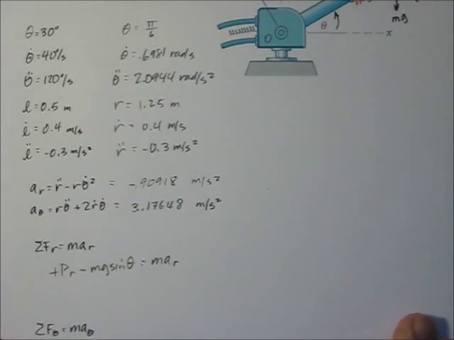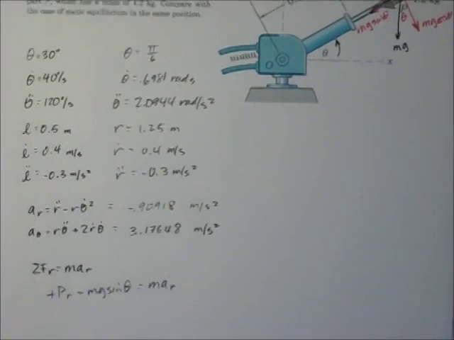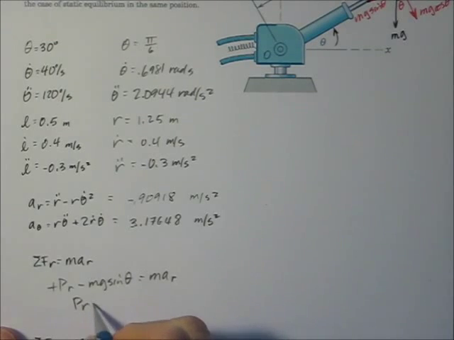I'm trying to solve for the applied force in the r direction, so I'll just say P_r is equal to my mass, factor that out of there, that's equal to 1.2 kilograms.